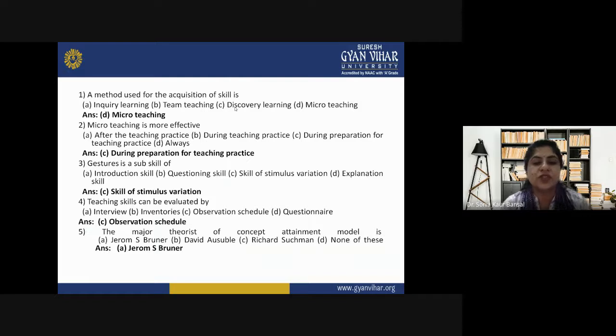Then, the major theorist of the concept attainment model is Jerome S. Bruner, David Ausubel, Richard Suchman, or none of these. So the correct answer is Jerome S. Bruner. Teaching skills can be evaluated by interview, inventories, observation schedule, or questionnaire. So the correct answer is observation schedule.